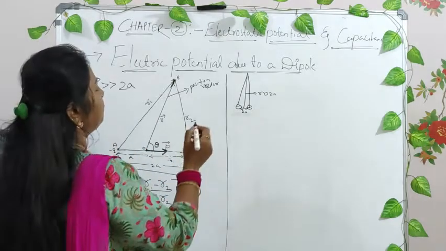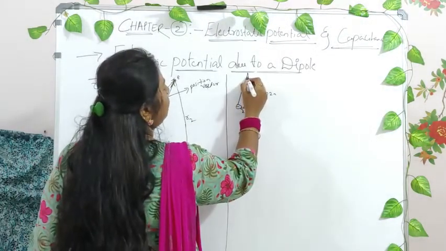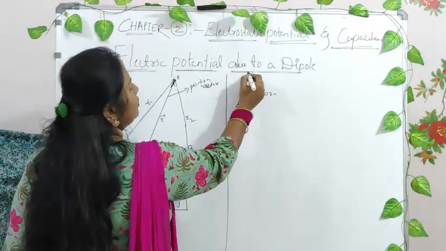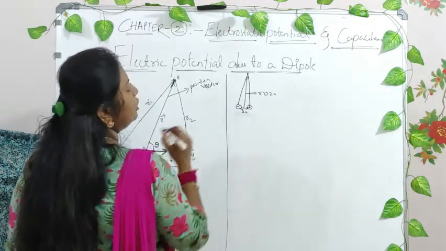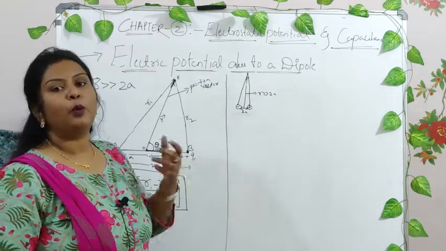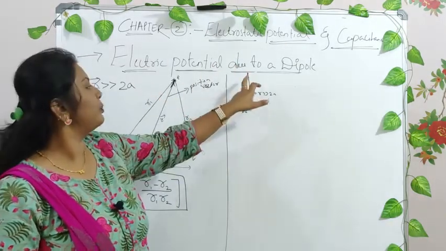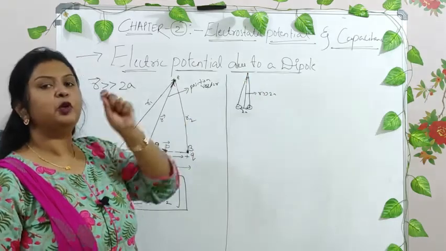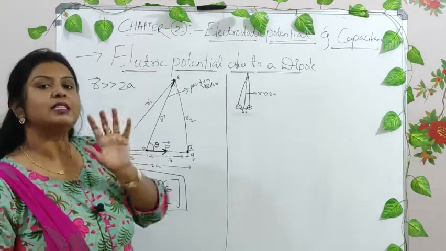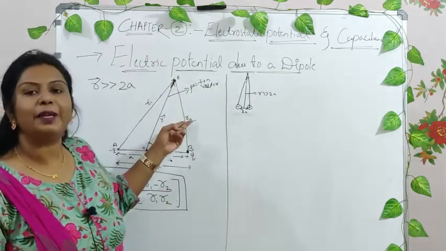According to the geometry, the angle made at this particular point with respect to the two charges is very small. Whenever you have two lines with a very small angle between them, you always drop a perpendicular such that the two lines will be equal.